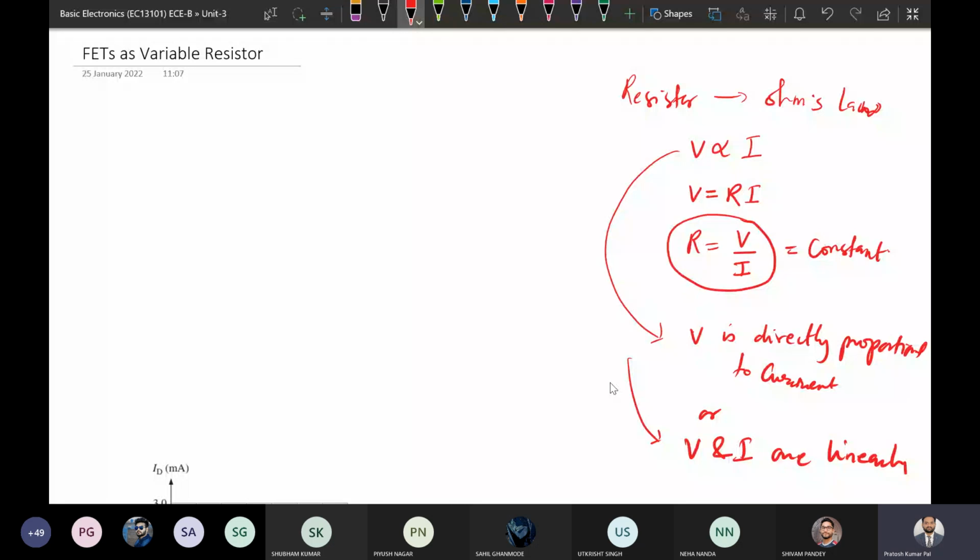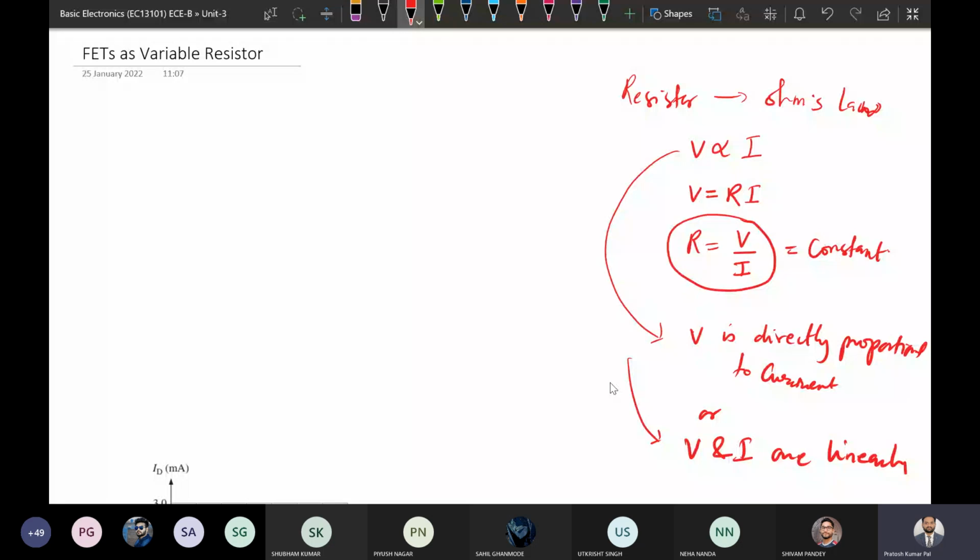The voltage is linearly related with the current in this region, so it will be behaving like a resistor. This is the ohmic region or linear region. Linear region means the current and voltage are linearly related.